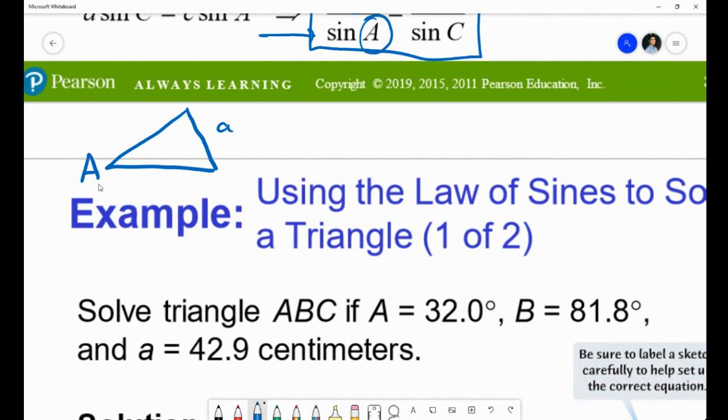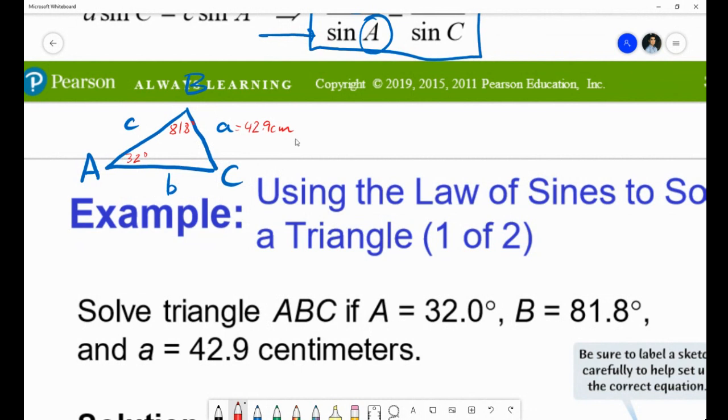Okay, so we use capital letters for angle, lowercase letter opposite from it to denote the side. So the B and C here doesn't really matter. You can put it however you like. Now we need to label it. So angle A is 32 degrees. Angle B is 81.8 degrees. And A equals 42.9 centimeters.